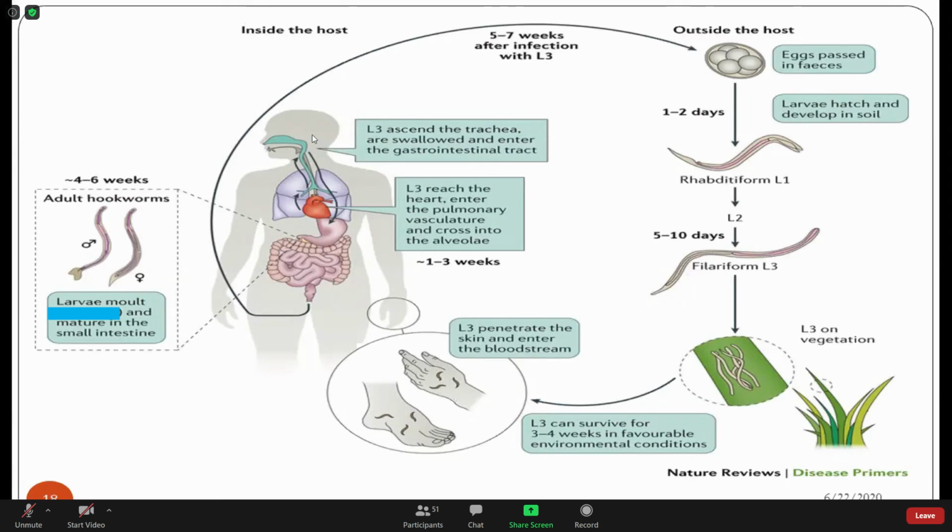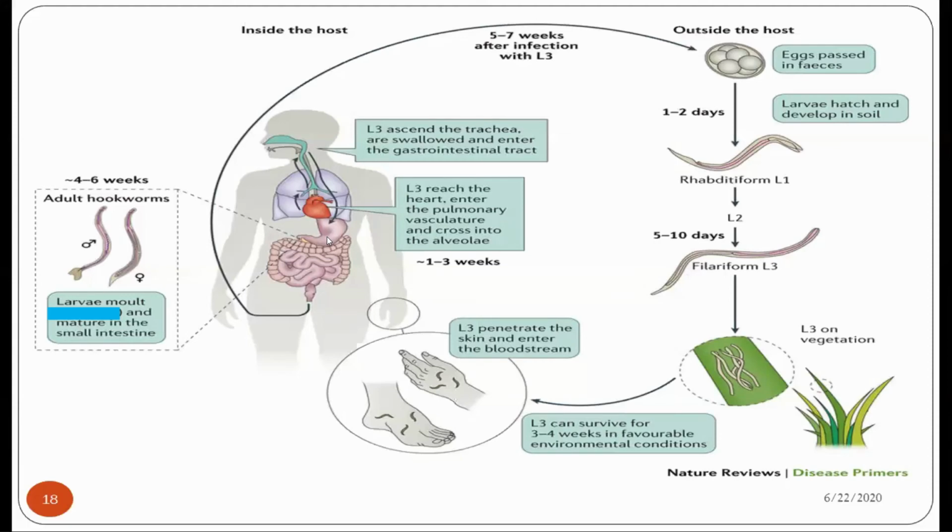When we engulf food or swallow saliva, these filariform larvae are also swallowed along with the foodstuffs or saliva, and they move downward through the esophagus. During their very short stay in the esophagus, this filariform larva moults for the 3rd time.